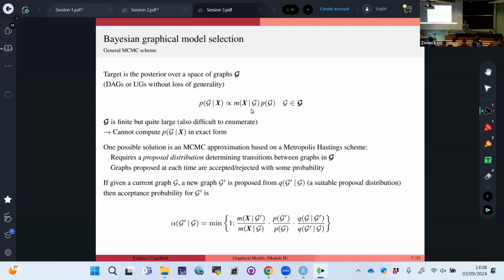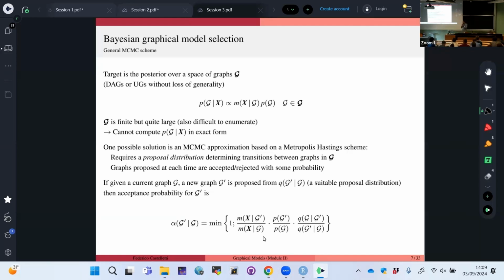And this will occur with some probability, which is given by the usual acceptance probability of a Metropolis-Hastings scheme. If you remember the Metropolis-Hastings scheme, this acceptance probability is basically the product of three components. The first one is a ratio of, in our case, marginal likelihoods, so the evidence provided by your data in favor of the proposed graph that I call G prime over the current graph G. So this is the marginal likelihood ratio.